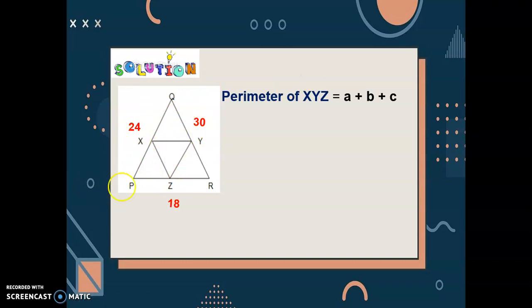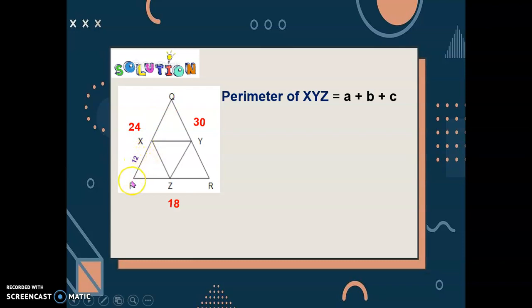So, if you say midline, it's the center, no? If this is PQ and X is the midpoint, kunin natin yung half ng 24. So, therefore, the measurement of PX is 12. Since X is the midpoint of PQ, ibig sabihin, ang QX is also 12 because they are equal. Dahil sila ay kalahati.